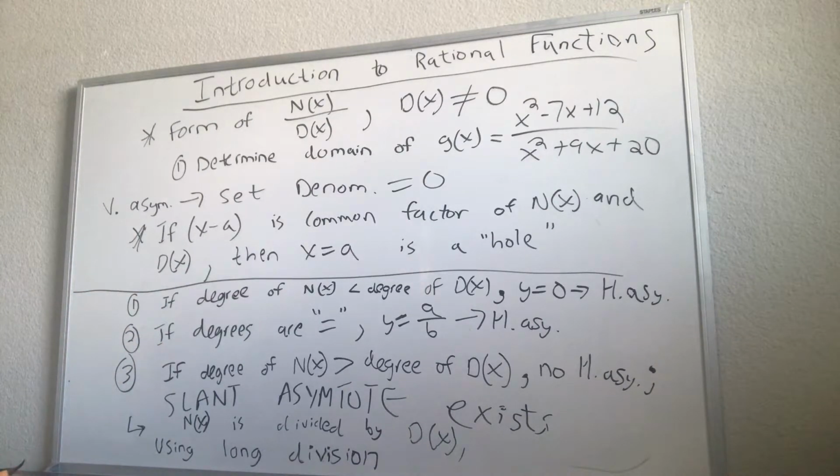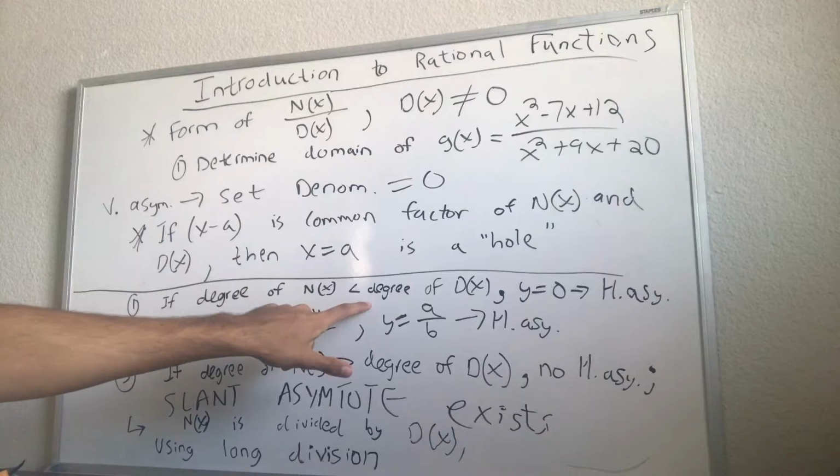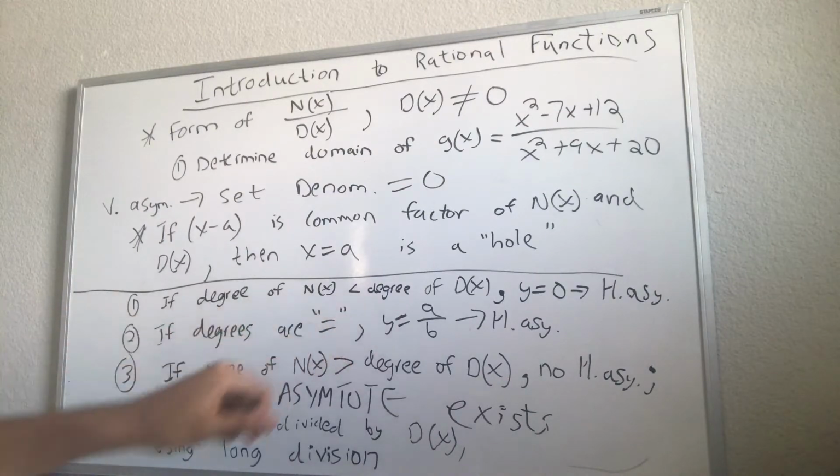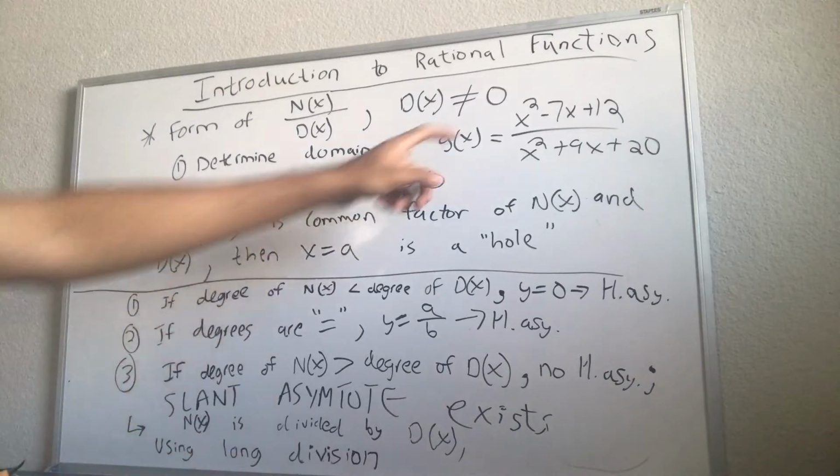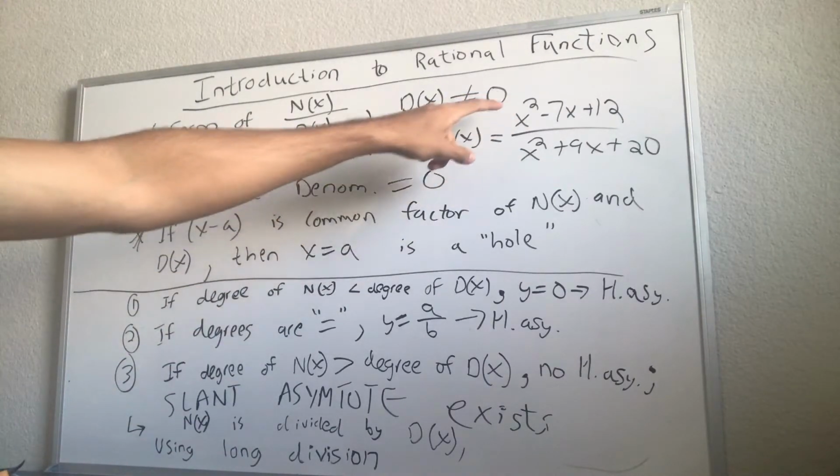These obviously have more rules here. They're also asymptotes like vertical asymptotes, except the graph will be approaching these asymptotes in a horizontal fashion. So if the degree of n of x is less than the degree of d of x, then y is equal to 0 is the horizontal asymptote. I'm just giving you an example here.